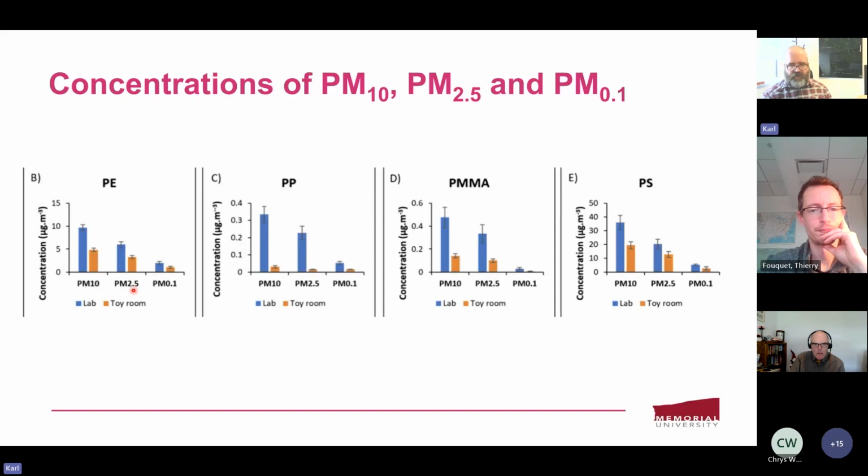PM2.5 is 2.5 micron, and PM0.1 is, you know, 100 nanometers or smaller. So we're seeing that the stuff that is sub-micron, you know, and the 2.5 micron and smaller represents about half the total particulate matter in our samples.